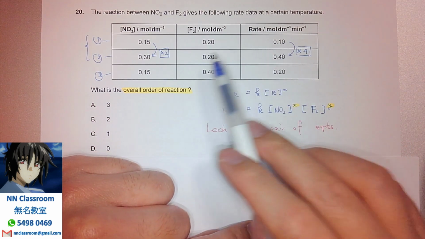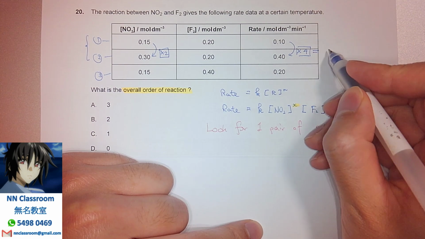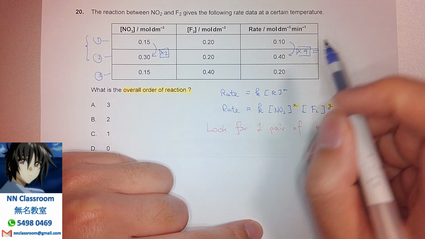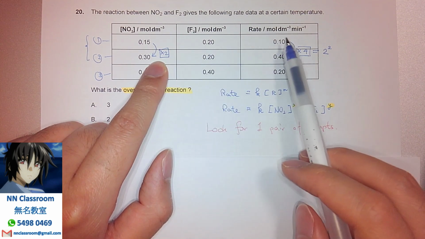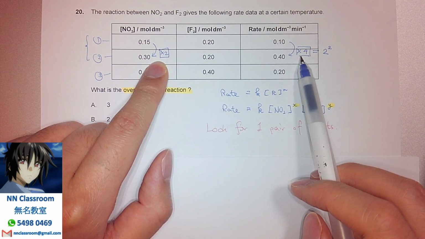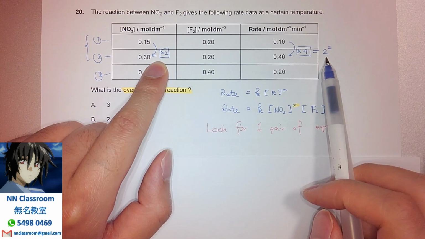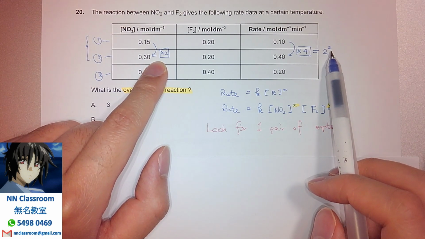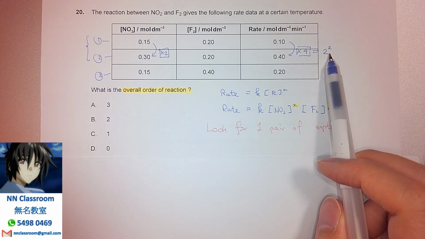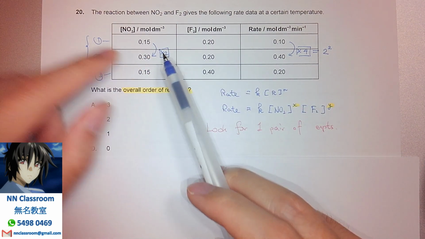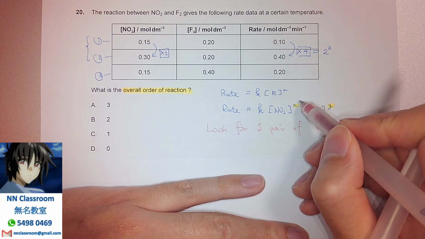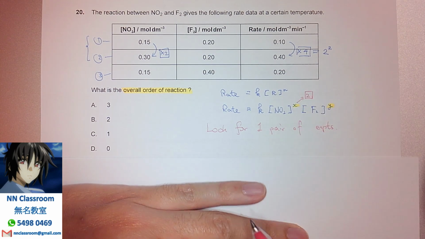How do we interpret 4 times? 4 times is equivalent to 2 to the power 2. If you double the concentration, the rate will quadruple, which means a factor of 2 squared. So this is second order with respect to the concentration of NO2, and we can deduce that x is 2.